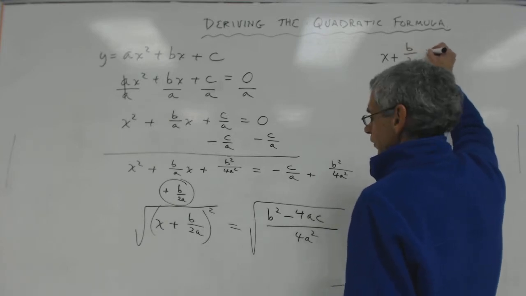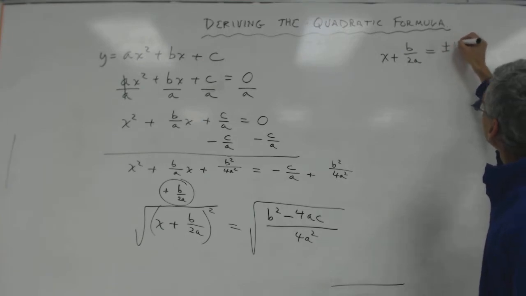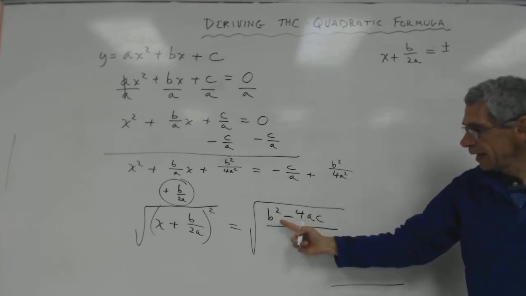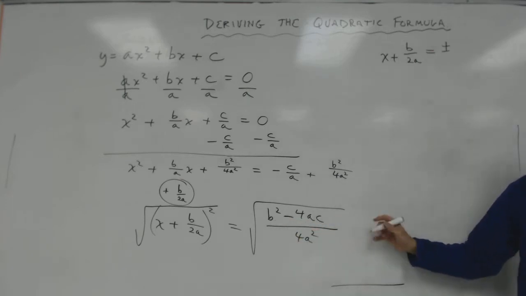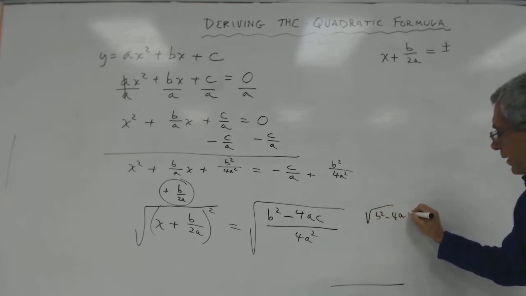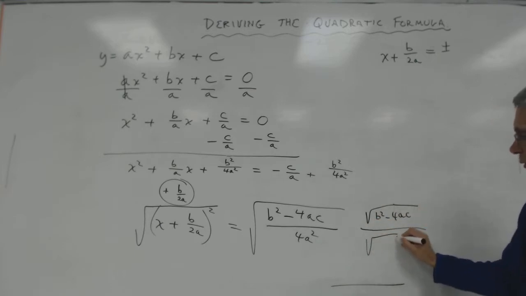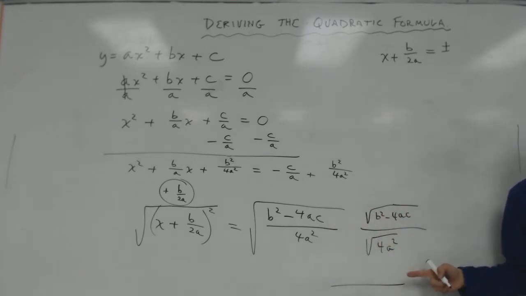And then equals, I have plus or minus, you guys agree with me? The square root of b squared minus 4ac all over the square root of 4a squared. You see how it's okay to separate them like that.